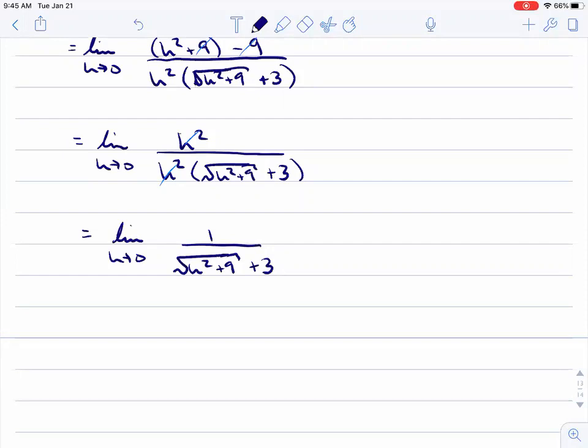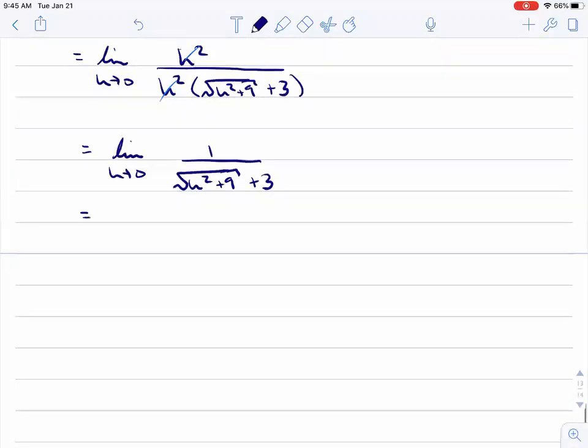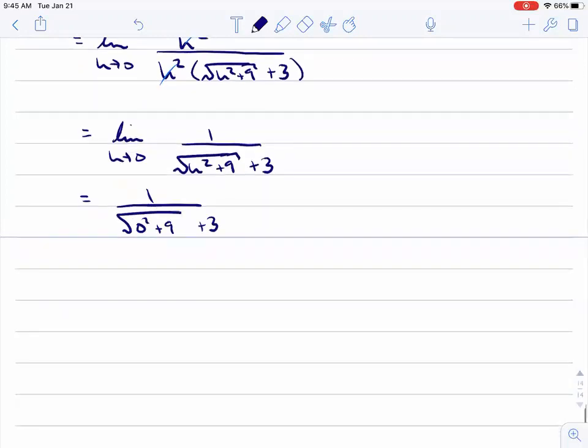So now we've got a rational function, a polynomial over a polynomial, so I'm allowed to plug these in as long as I'm not dividing by 0, which is the case now. So I can just plug in h equals 0, and this is going to be the same as 1 over the square root of 0 squared plus 9 plus 3, which is 1 over 6.